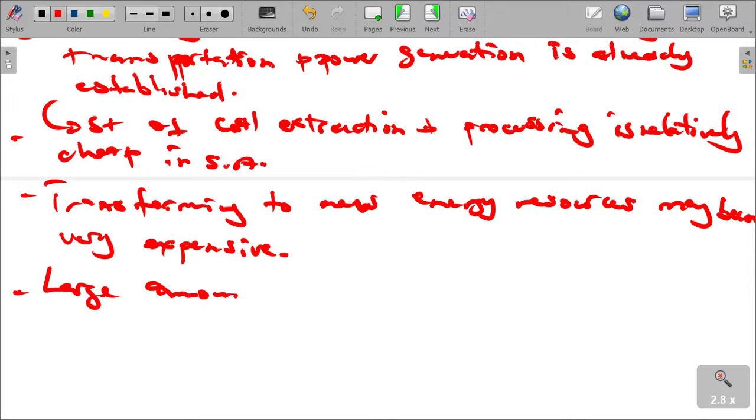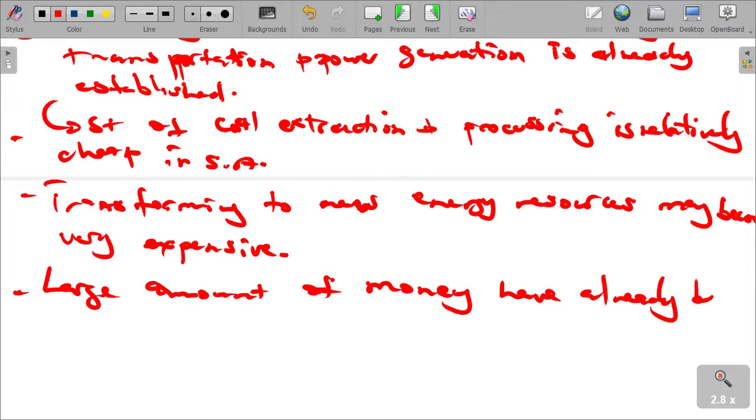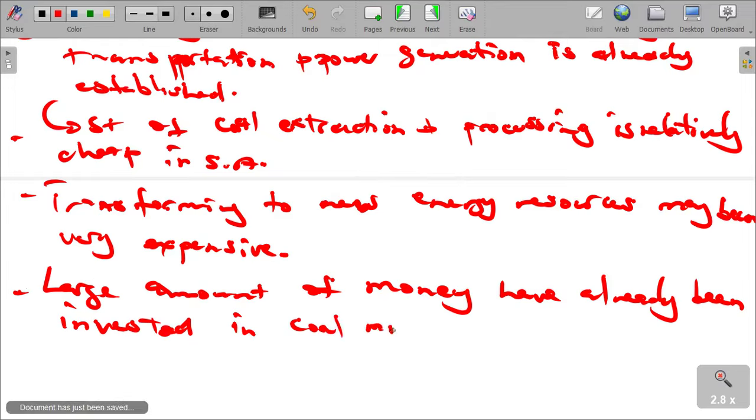A large amount of money has already been invested in coal mining and processing.